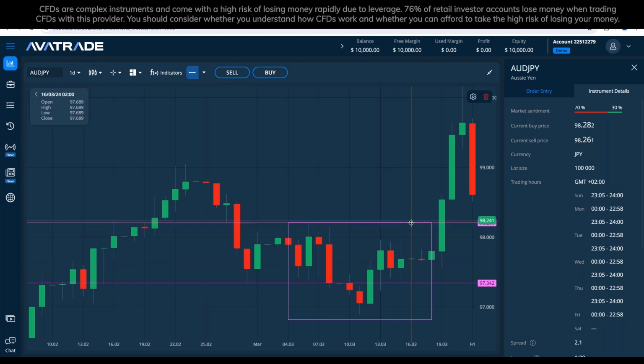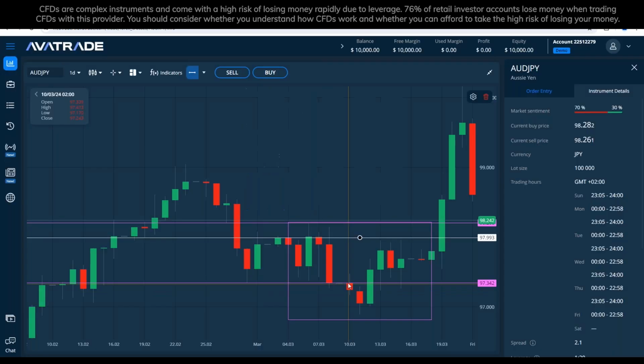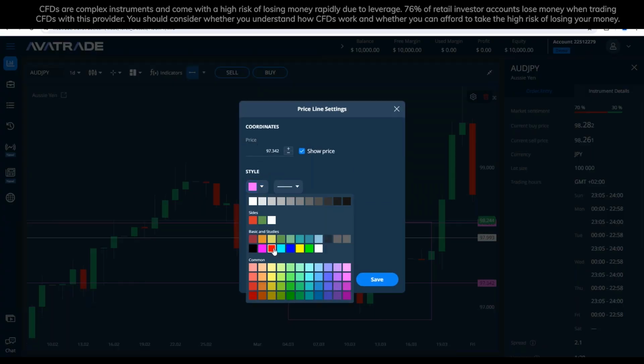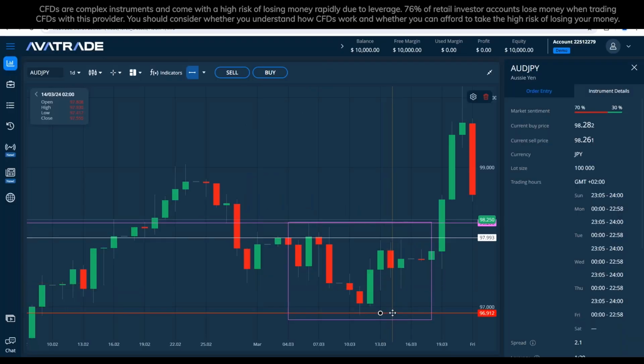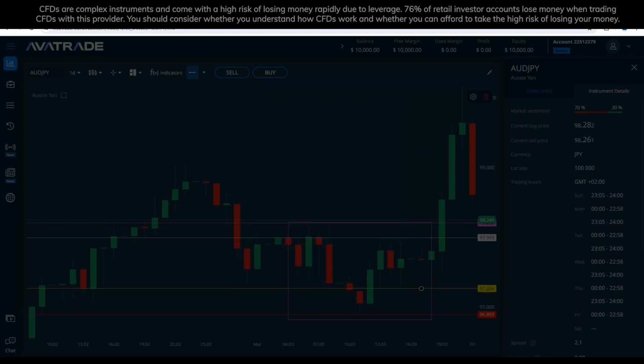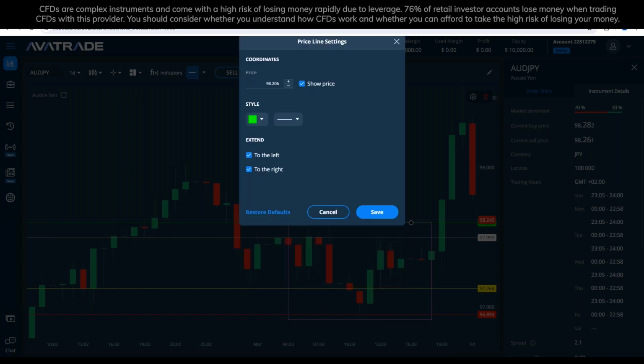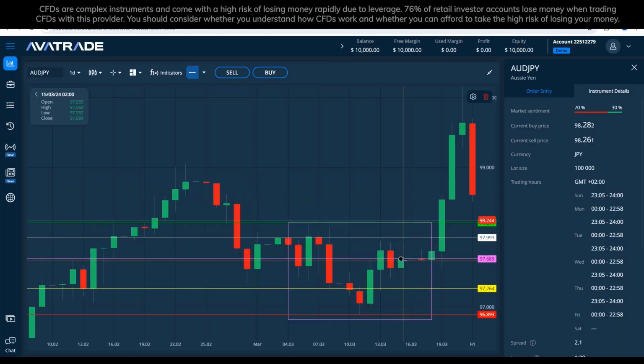Just to understand what's going on here: it started from the white line, it got all the way down to the red line, it went back to, let's say, the yellow line. This will be our highest point, and it closed on the blue.